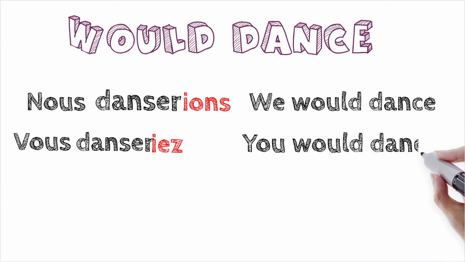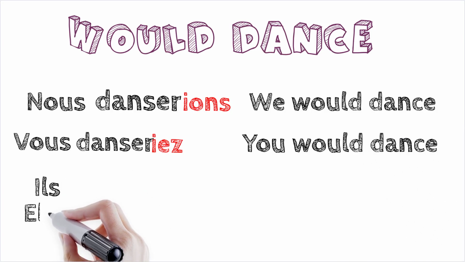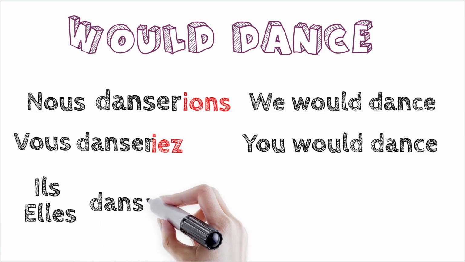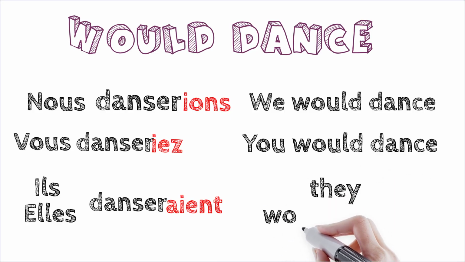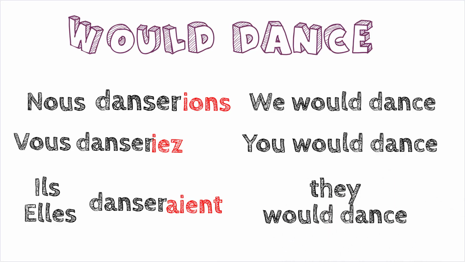You would dance. And then finally, we'll look at ils and elles, they. And our ending is AIENT. We don't pronounce the ENT, so ils, elles danseraient, they would dance.